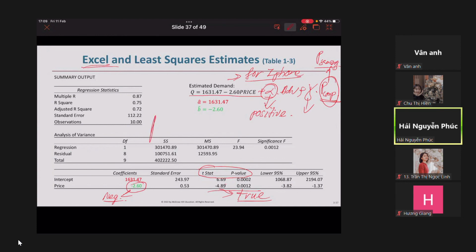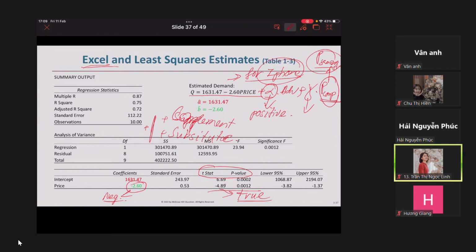Let me ask the question differently. Suppose you know that in microeconomics you can have two goods, which can be a complement or a substitute. My question: iPhone and Samsung, are they complement or substitute? Substitute. Yes, they are substitutes. So if the price of Samsung goes up, what would happen to the quantity demanded for iPhone?